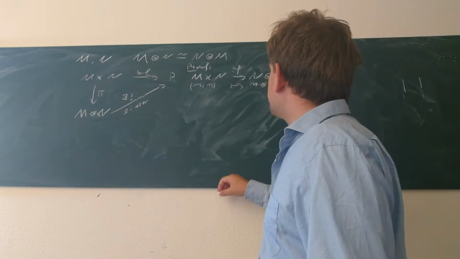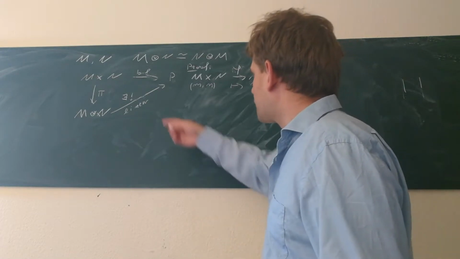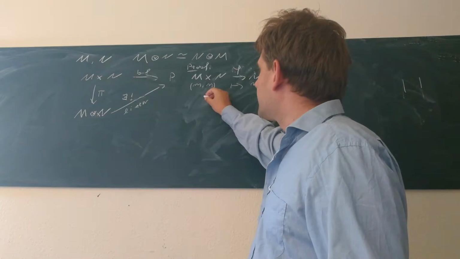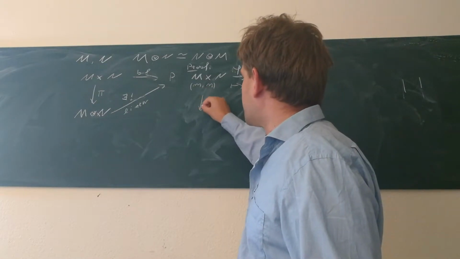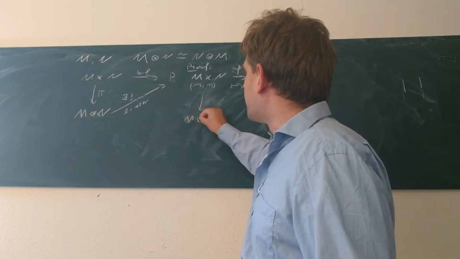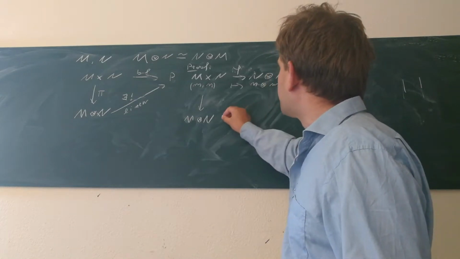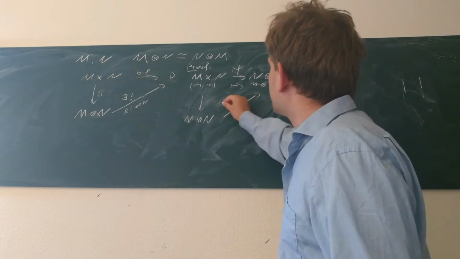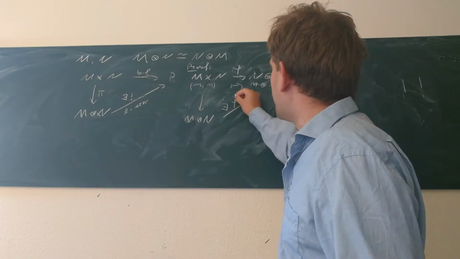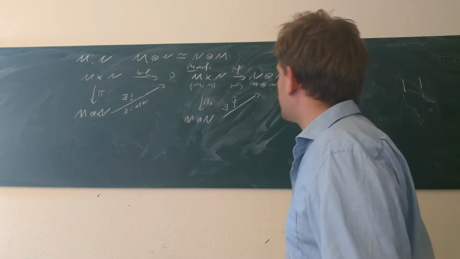And now we are, of course, going to use the universal property, meaning we can project onto the tensor product M tensor N, and then we have a unique linear map. Let's call this one phi bar, and this projection pi 1, if you will.